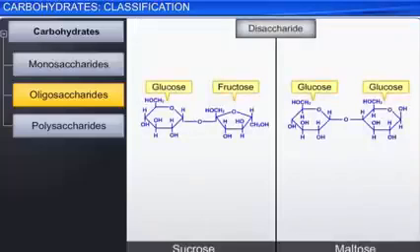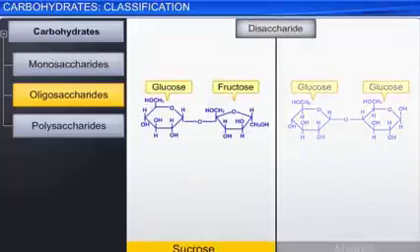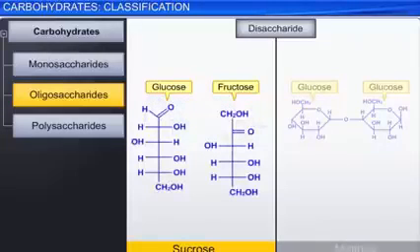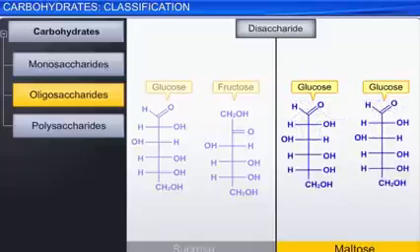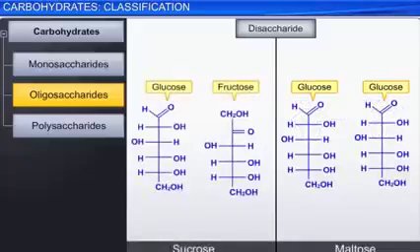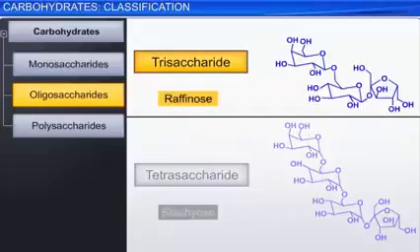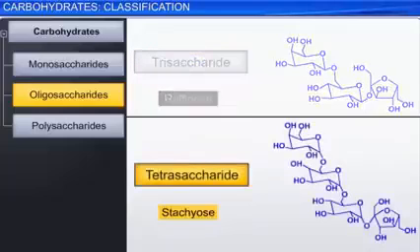On hydrolysis, a molecule of sucrose, commonly called cane sugar or beet sugar, produces a molecule each of glucose and fructose. But a molecule of maltose produces 2 molecules of glucose. Raffinose is a trisaccharide, while stachyose is an example of tetrasaccharide.